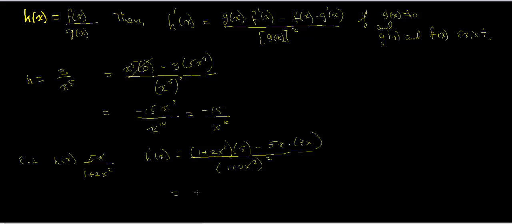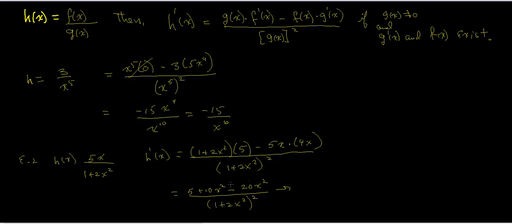Okay, so we simplify a little further, distribute our numbers. We're going to get 5 plus 10x squared minus 5x times 4x will be 20x squared divided by 1 plus 2x squared, all squared.